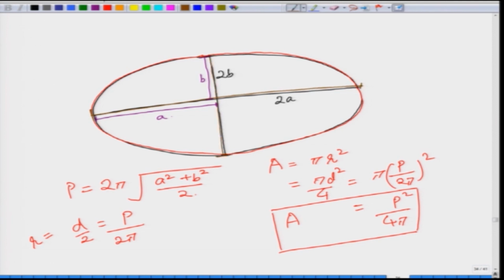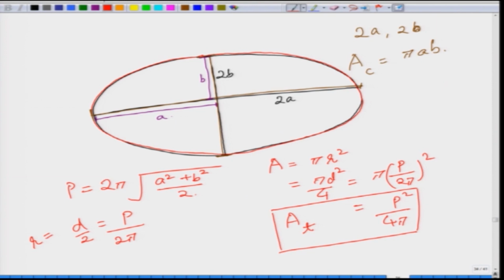So, when you are using calipers, you are getting the direct values of 2a and 2b, in which case you can get the area with calipers as pi into a into b. Now, if you measure the area using your tape, you get this area, and the area that we got from the calipers is pi a b.